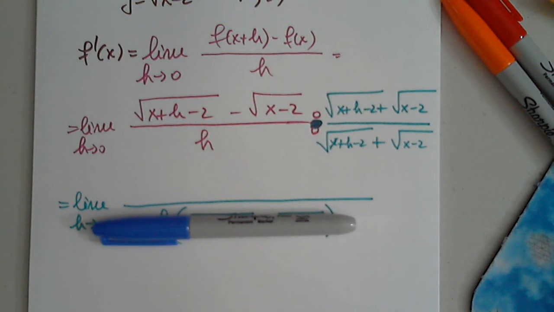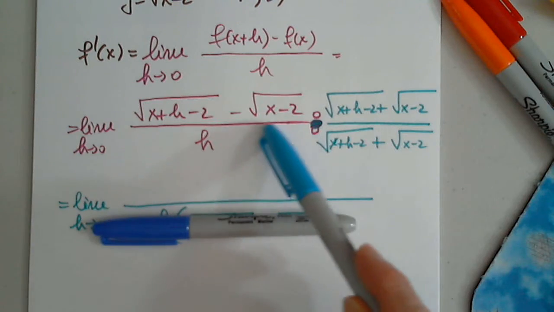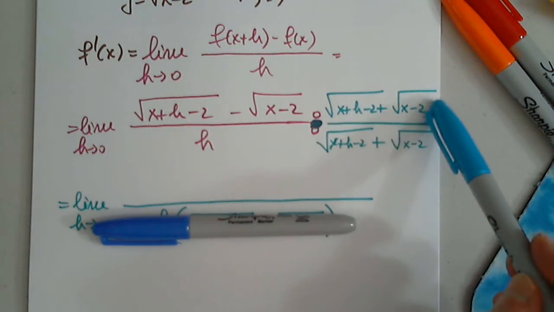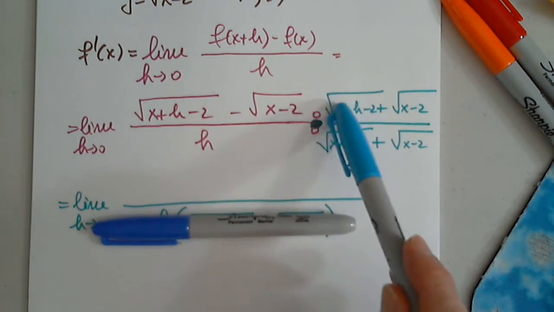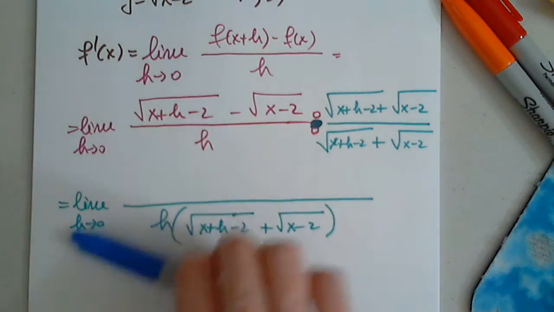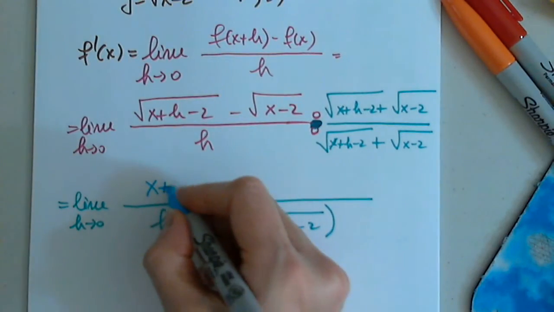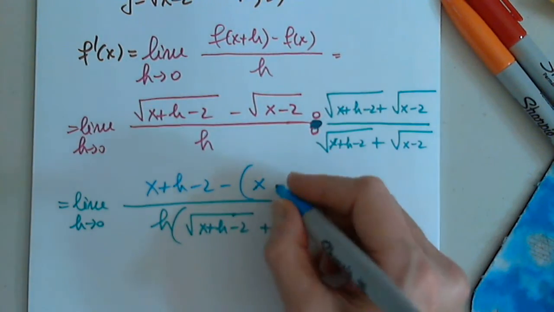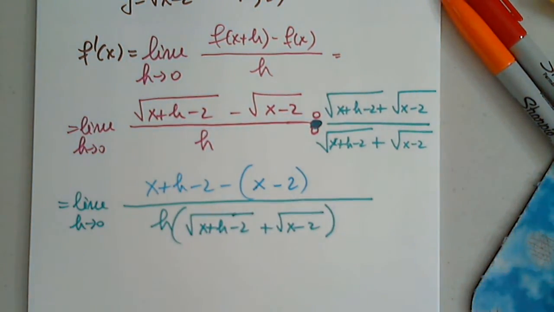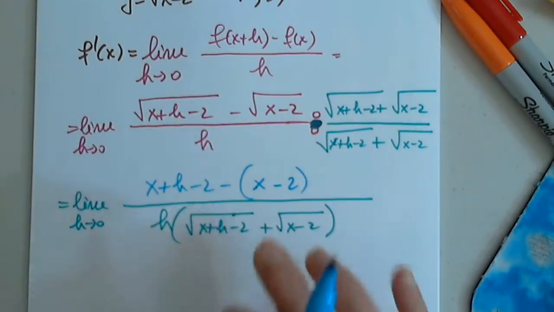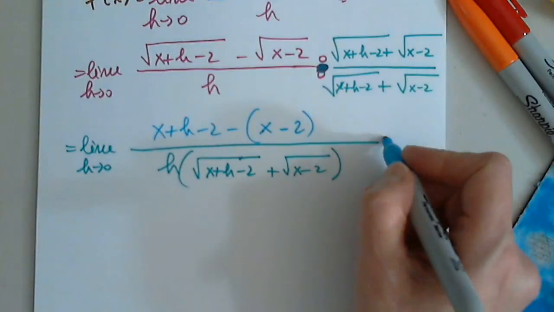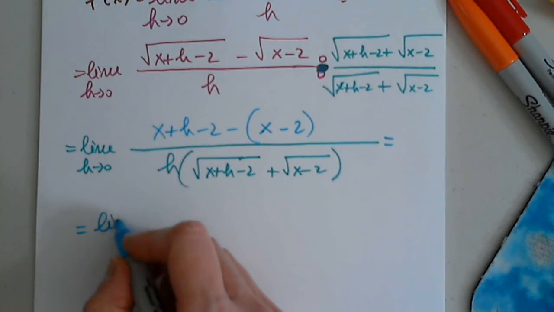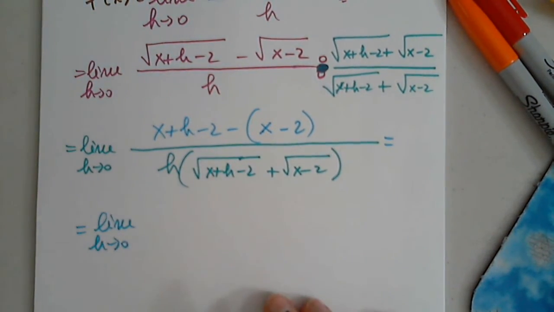The numerator. You have to multiply this piece by this piece. So it would be x plus h minus 2 minus x plus 2? Yes, that's correct. I thought you were going to say that, so that's why I put in parentheses. But you're correct. You don't need parentheses as long as you distribute. I completely agree. Excellent.